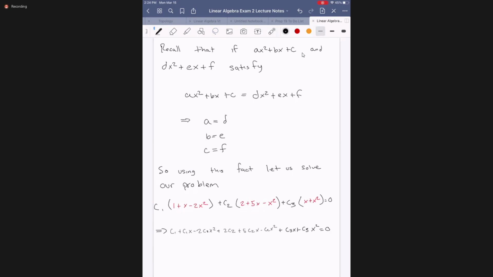There's one or two ways to do this, but what I'm going to do is gather all the like terms: everything that has an x squared, everything that has an x, and everything that is just a constant.